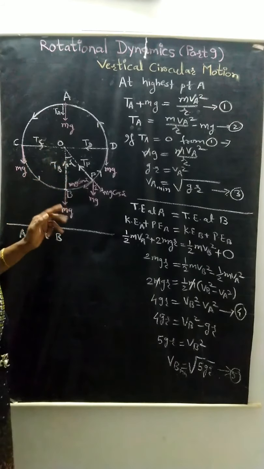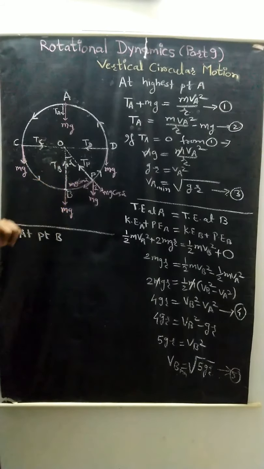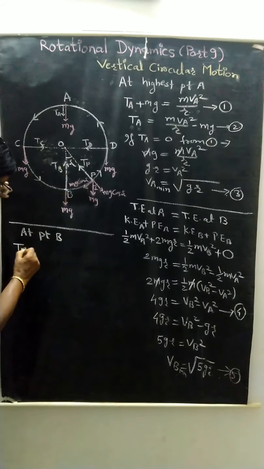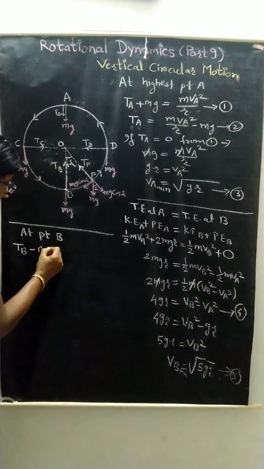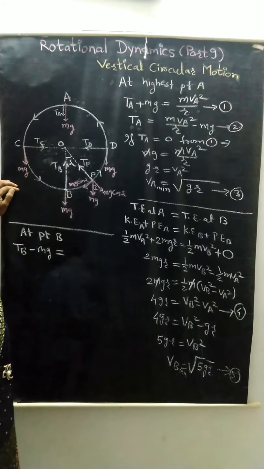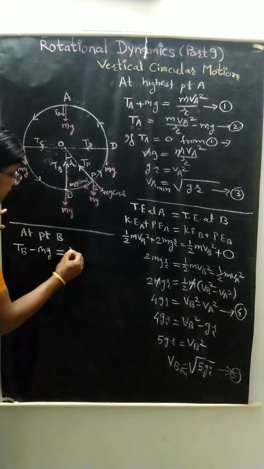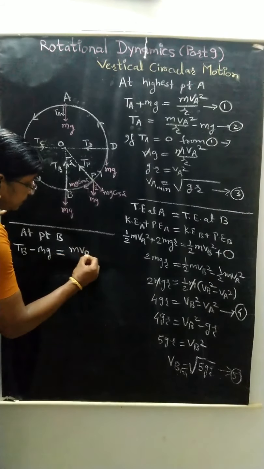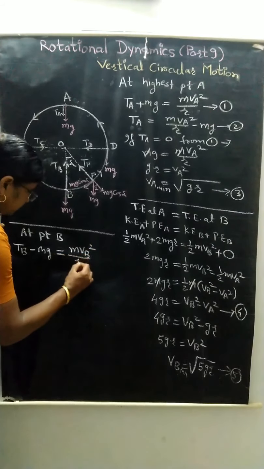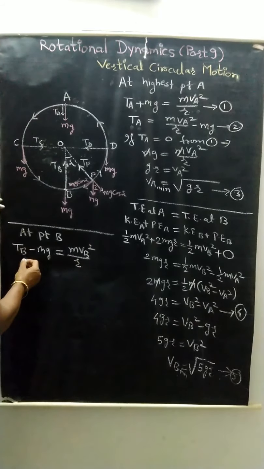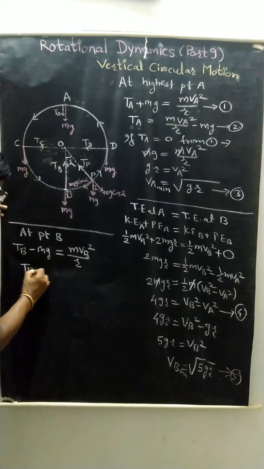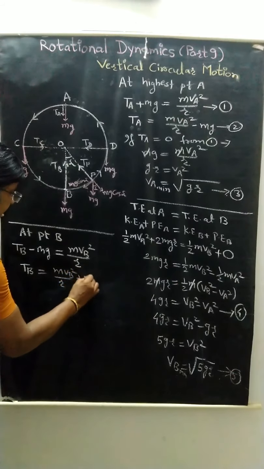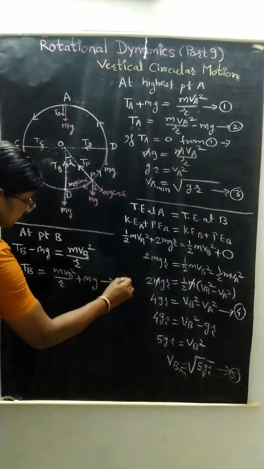As Tb is in vertically upward direction, mg in vertically downward direction, the resultant of these two, that is Tb minus mg, will provide the necessary centripetal force for the circular motion. So it is equal to m Vb square by r. Hence Tb is equal to m Vb square by r plus mg. So this is equation number 6.